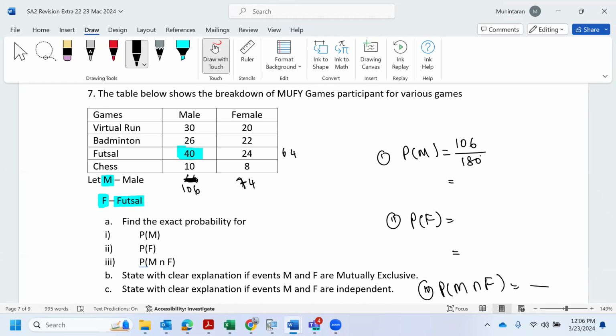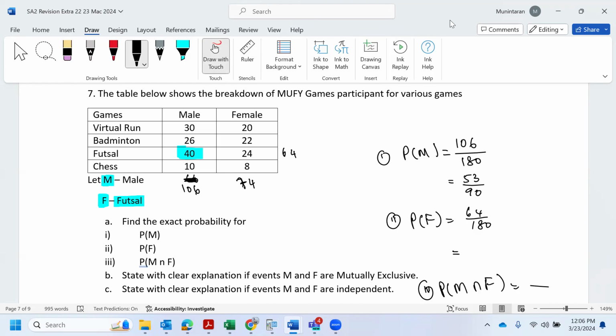That's the fraction, and it's 53 over 90. This is F, 64 over 180. Sir, 74? Why 74? It is futsal, not female.